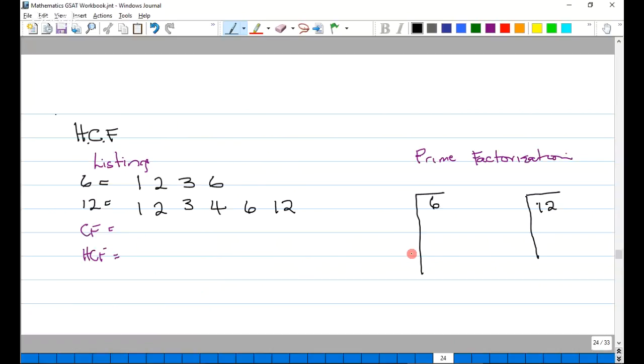All right. What are the common factors there? 2 and 3. And how do we find the highest common factor? By multiplying the 2 and the 3 to get 6. So one method is listing, that is in example 1. And example 2 is prime factorization.